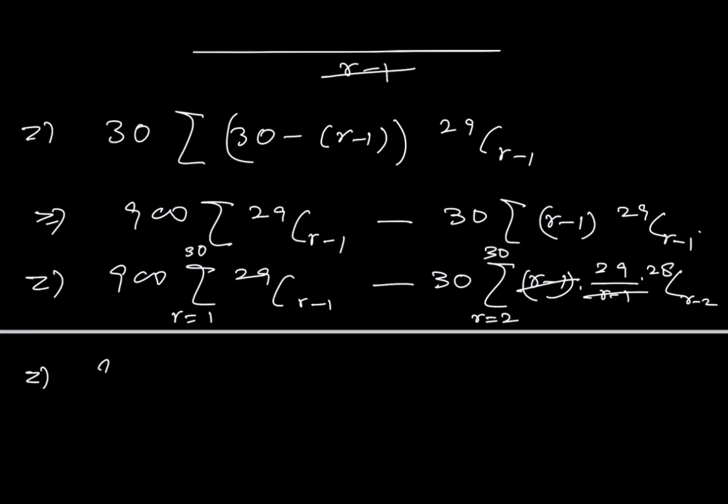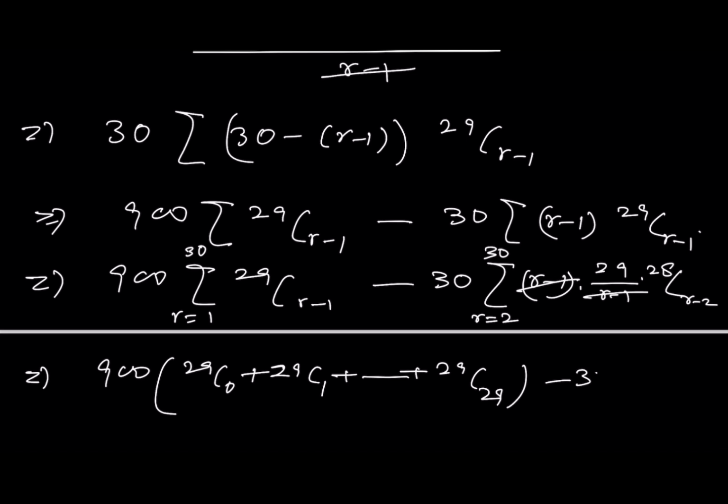So it will become 900 times (29C0 plus 29C1 and so on up to 29C29) minus 30 into 29 times (28C0 plus 28C1 plus and so on up to 28C28).